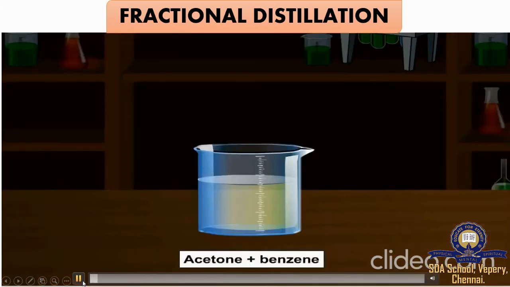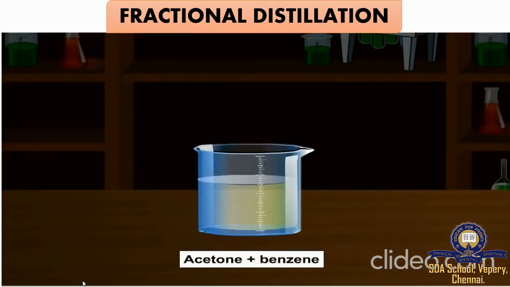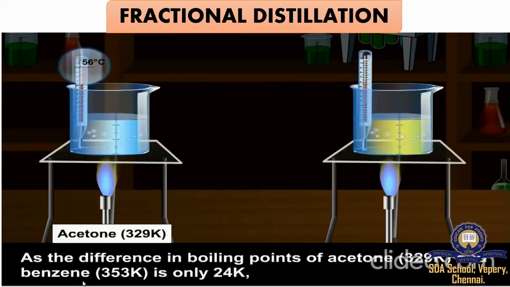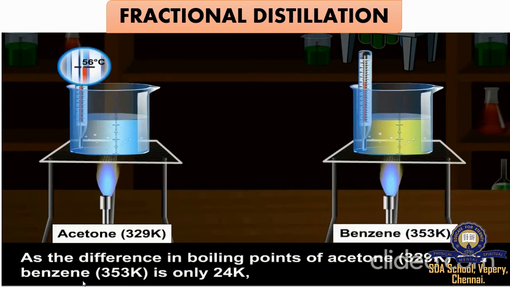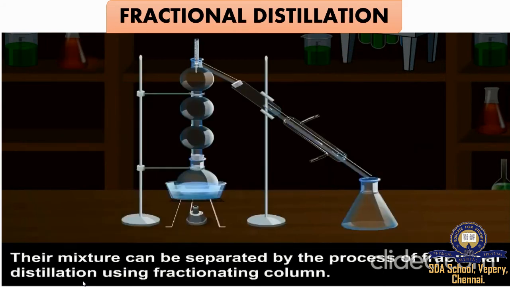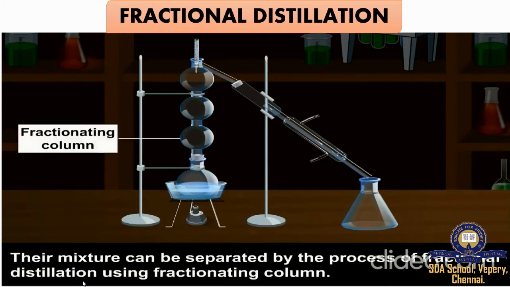Separation of acetone and benzene by fractional distillation. As the difference in boiling points of acetone, whose boiling point is 329 Kelvin, and benzene, whose boiling point is 353 Kelvin, is only 24 Kelvin, their mixture can be separated by the process of fractional distillation using fractionating column.